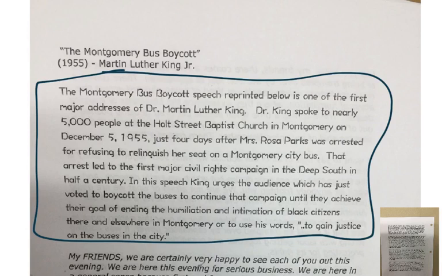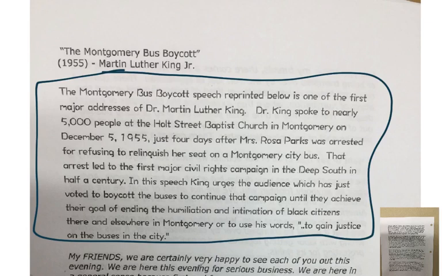The Montgomery bus boycott. The Montgomery bus boycott speech, reprinted below, is one of the first major addresses of Dr. Martin Luther King. Dr. King spoke to nearly 5,000 people at the Holt Street Baptist Church in Montgomery on December 5th, 1955, just 4 days after Rosa Parks had been arrested for refusing to relinquish her seat on a Montgomery City bus.